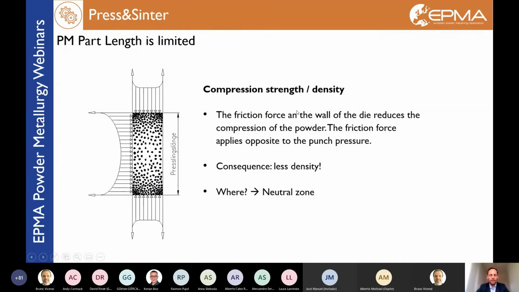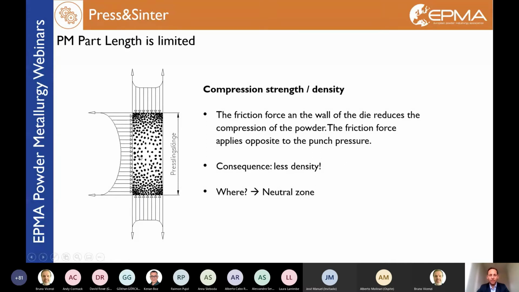Let's say a few words about the length of the compacted part. This is not unlimited, since due to the friction in the compacting tool, the density in the middle of the part decreases a lot. Take in mind 60 to 70 millimeters of part length.